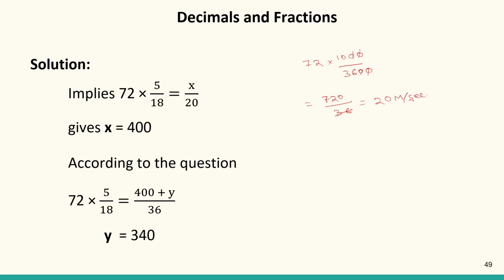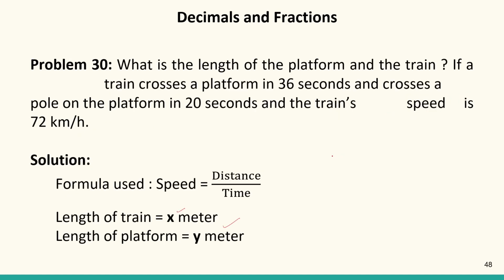So 20 meters per second is the speed of the train.